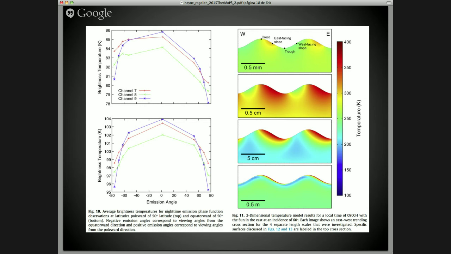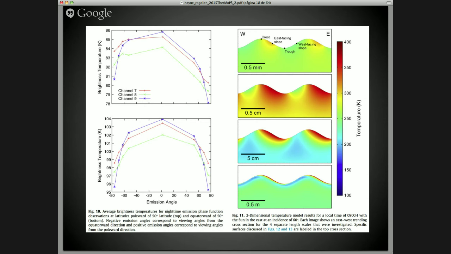The technique for deriving surface roughness relies on having multiple spectral channels, and this is what it looks like. For a relatively smooth surface, I mean, this is still rough, but this is sort of a cartoon, in two different wavelength channels your brightness temperature spectrum is relatively flat, so you get roughly the same brightness temperature.